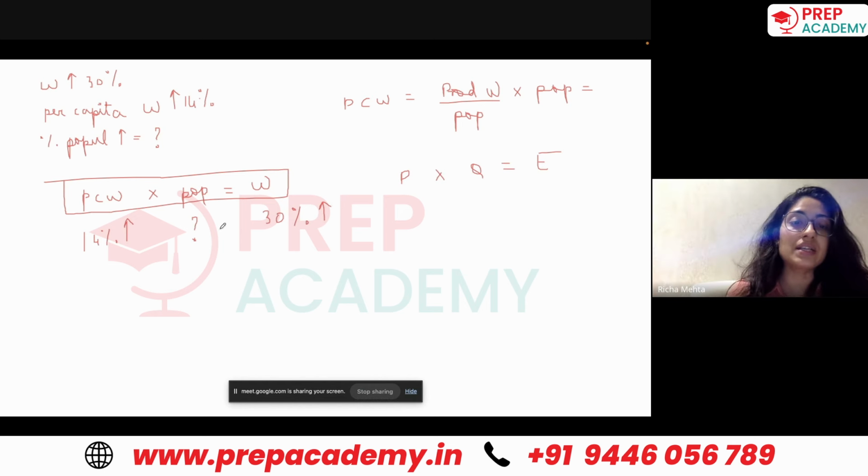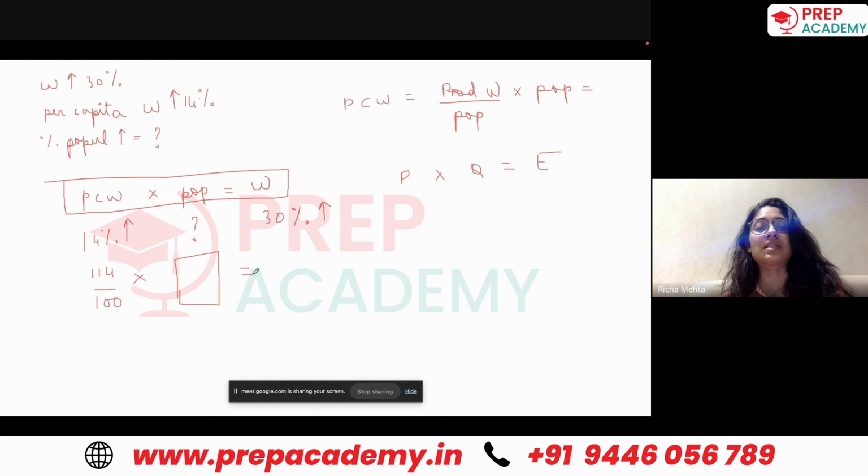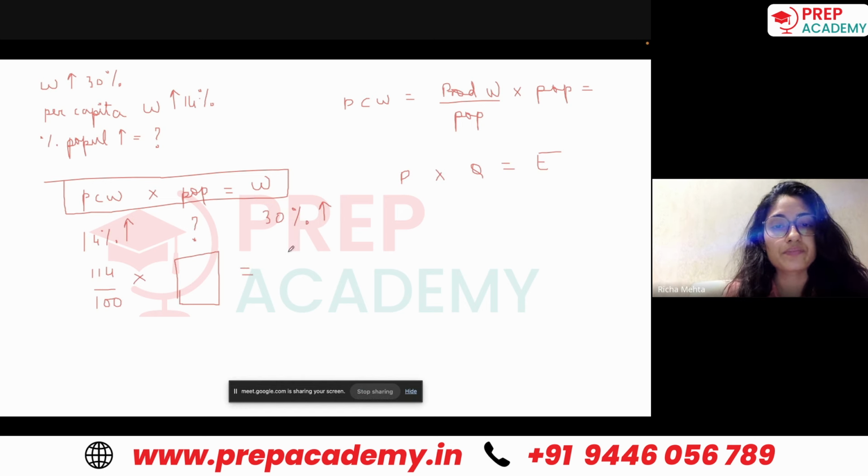If something increases by 14%, the fraction becomes 114 by 100. And what will be the fraction if something increases by 30%? 13 by 10, right?